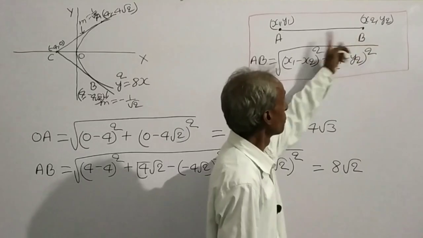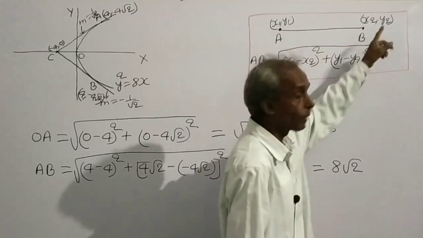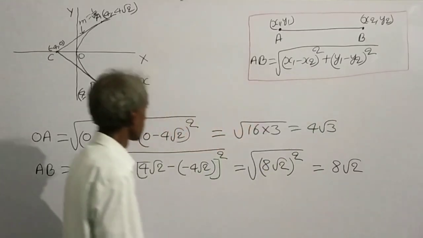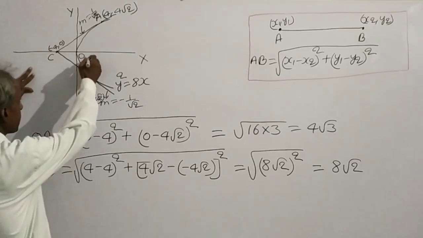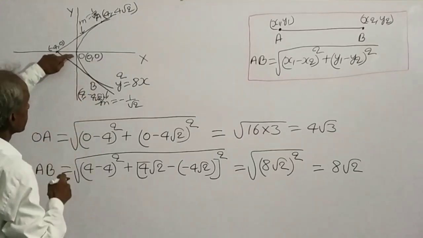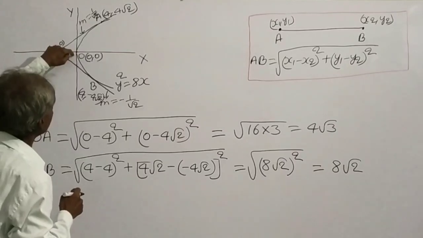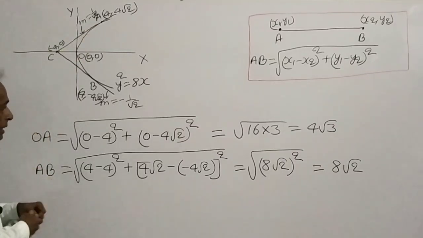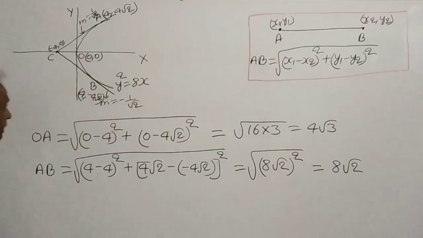The distance between two points with coordinates x1, y1 and x2, y2 is given by this formula. Since O is the origin and its coordinate is 0, 0, the distance between point O and A, that is equal to the length of line segment OA, will be equal to this by using this formula.